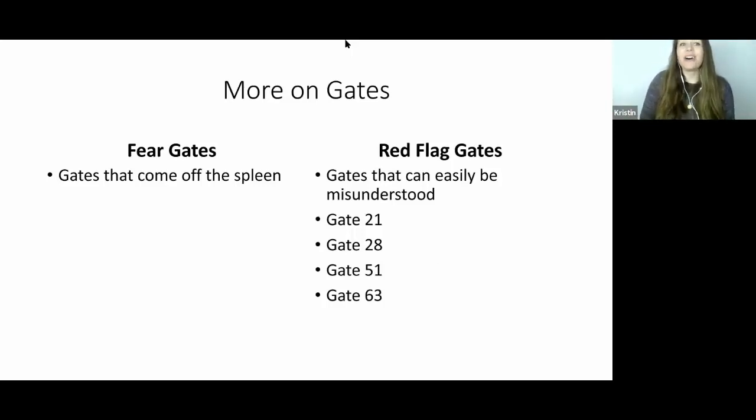The fear gates, all the fear gates come off of the spleen, and those gates can keep you from bonding and experiencing love. And the reason is because the spleen is the center for survival. And it is propelling you and motivating you and warning you, giving you these little intuitive whispers like, hey, do this, go here, leave now, stay away, don't go down that dark alley.